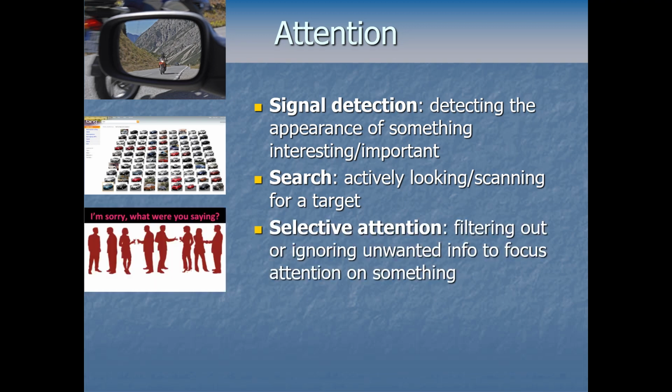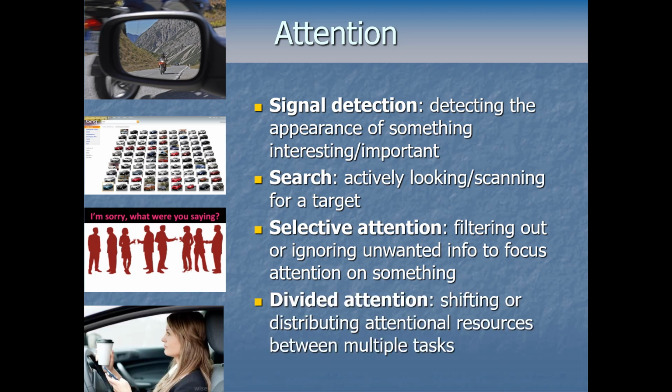And then a lot of cognitive psychologists have studied mechanisms of selective attention, where we're able to filter out or ignore unwanted information to focus our attention on something. And finally, there's the big topic of divided attention, basically multitasking: the way our brain lets us shift or distribute attentional resources between multiple tasks, and the limitations of that.